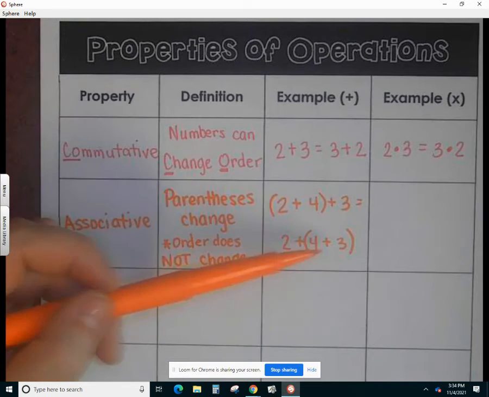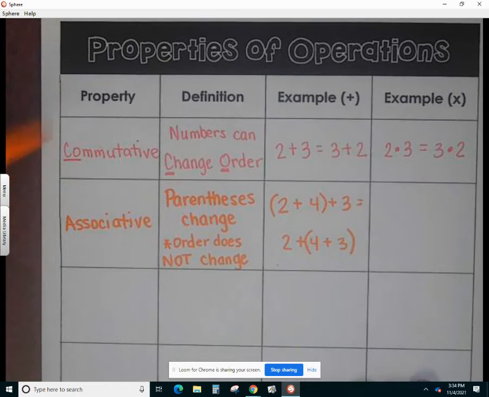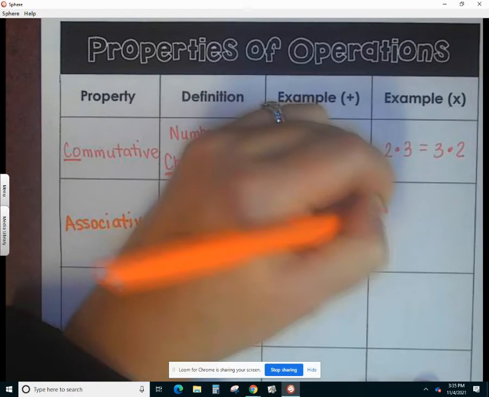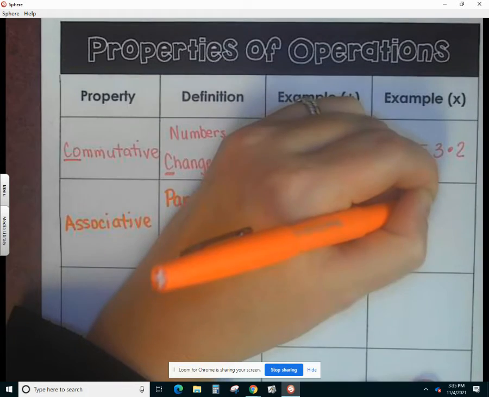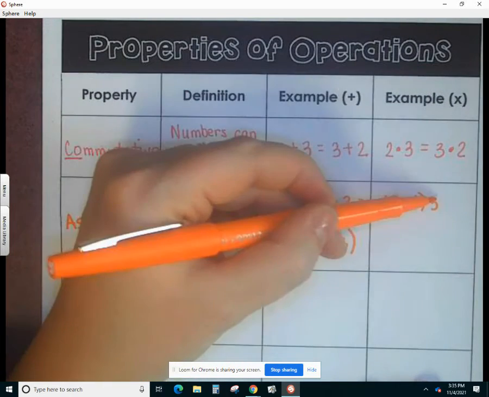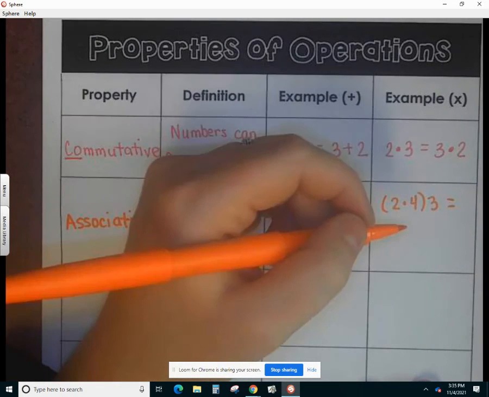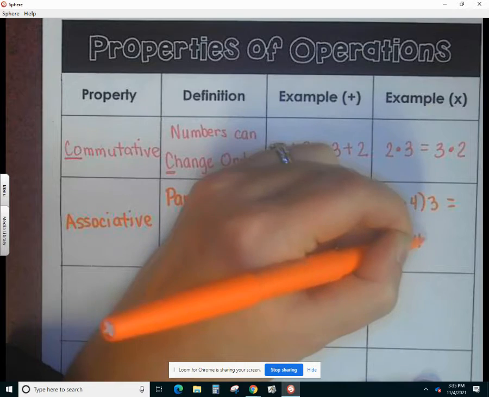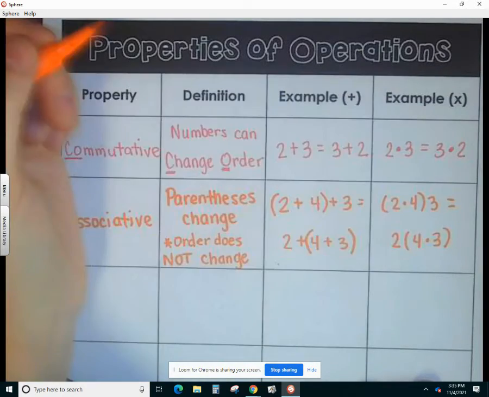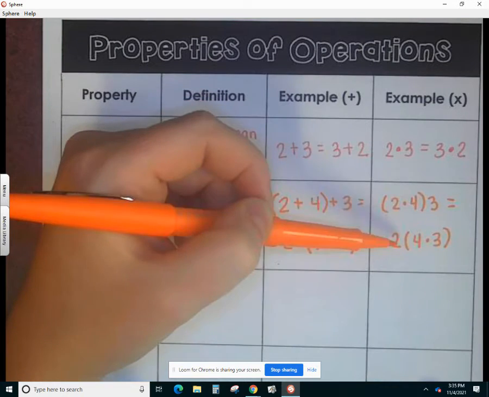But notice it was all addition. It can't have other operations in it. It also works if it's all multiplication. So I could have 2 times 4 in parentheses with a 3 outside. Remember, if the 3 is right next to the parentheses, that's multiplication. That's the same thing as if I kept the numbers in that order, but instead I put the parentheses around the 4 and the 3. So it's still 2, 4, 3, 2, 4, 3.